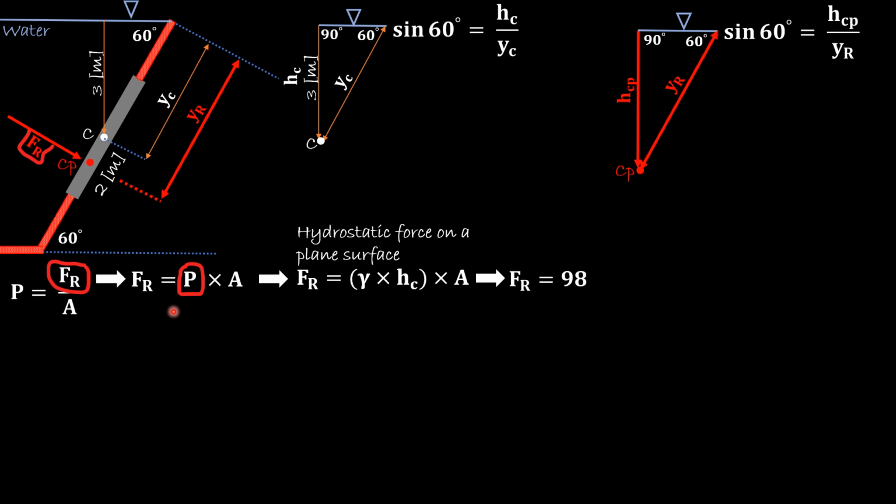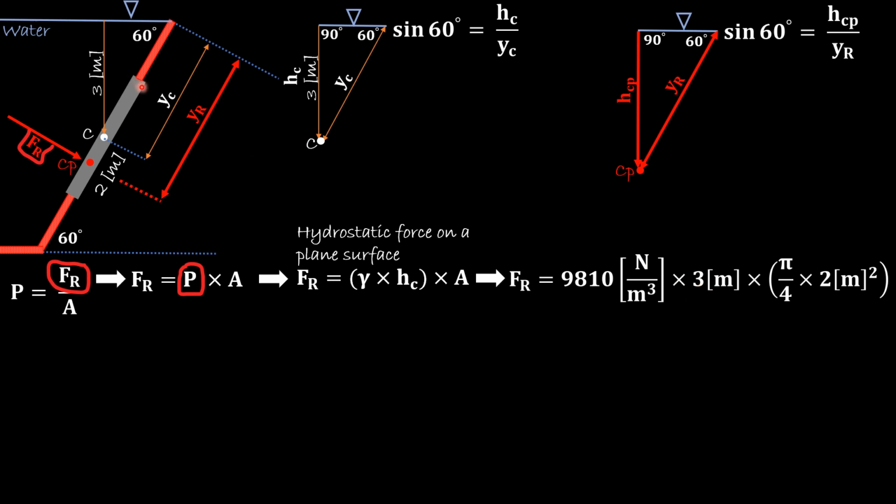Next, let's plug in the values. The specific weight we know is rho times g, density times gravitational acceleration. The density of water is known to be 1,000 kilograms per meter cubed times 9.8, which will give you 9810 newtons per meter cubed. H sub c is given to us in the problem statement, 3 meters.